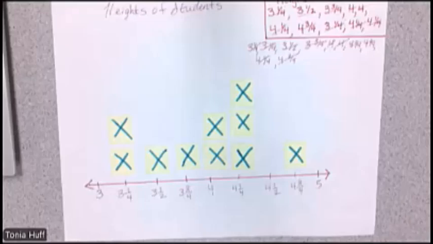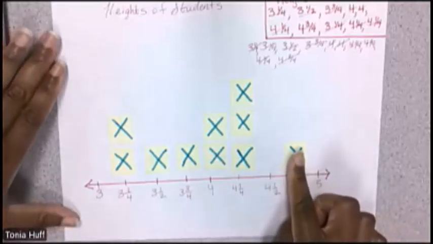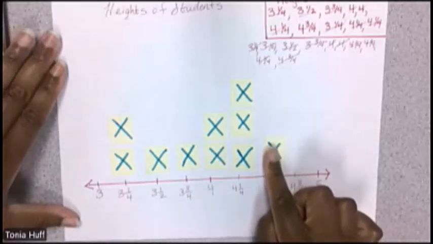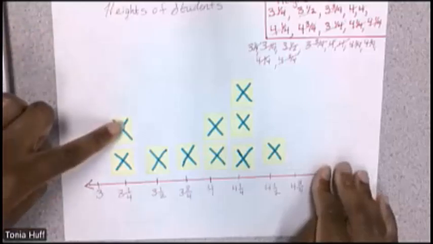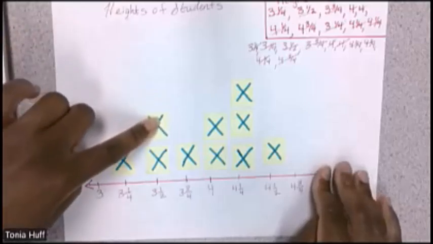So now, just like I did before, I'm going to be moving the X's to find the mean. So I will go over from 4 3/4 to 4 1/2 here. Then I'll take 1 from 3 1/4 and move it to 3 1/2.